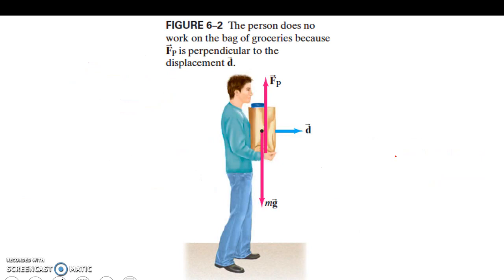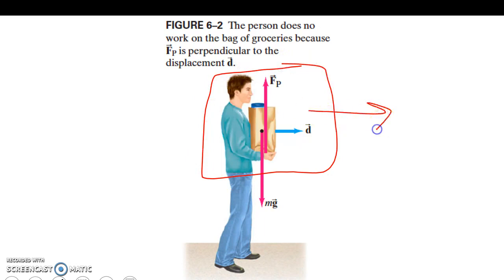Now, in this situation, this gentleman is carrying a bag and walking this way. The force that he's applying is the normal force upward. So the force is going up, but the displacement's going this way. When we're perpendicular, even though it's a heavy object, and as we lift it up, we're doing work.